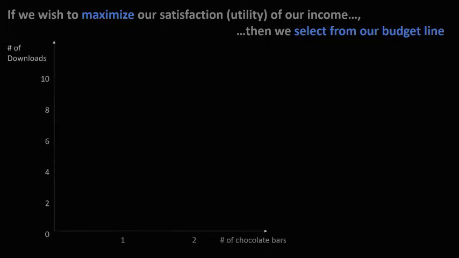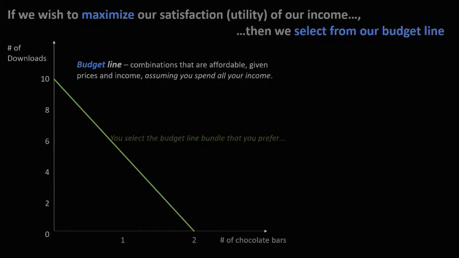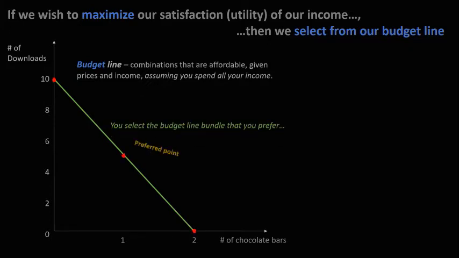So if we wish to maximize our satisfaction from our income, then we're going to make the selection between these 3 points on the budget line. So we have these 3 possible points, and then this would be based off of our own personal preferences towards downloads and chocolate bars. And suppose that this is our preferred point, in which case we would be consuming 1 chocolate bar and 5 downloads.